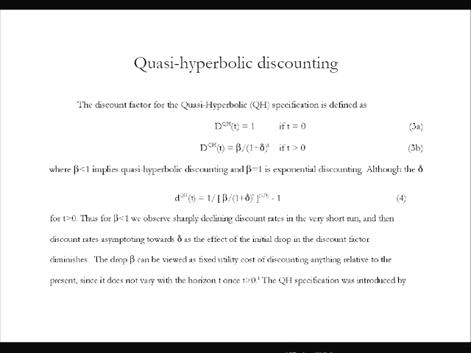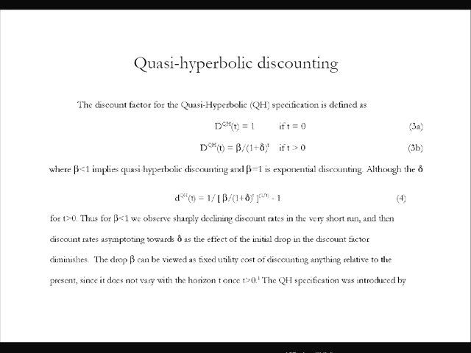Now, there are two different types of quasi-hyperbolic discounting functions. The early one that has been quite popular, and it's really been used a lot, was first proposed by Phelps and Pollak back in the late 60s, I think, quite a long time ago, where it was taken up by Laibson in 1997.